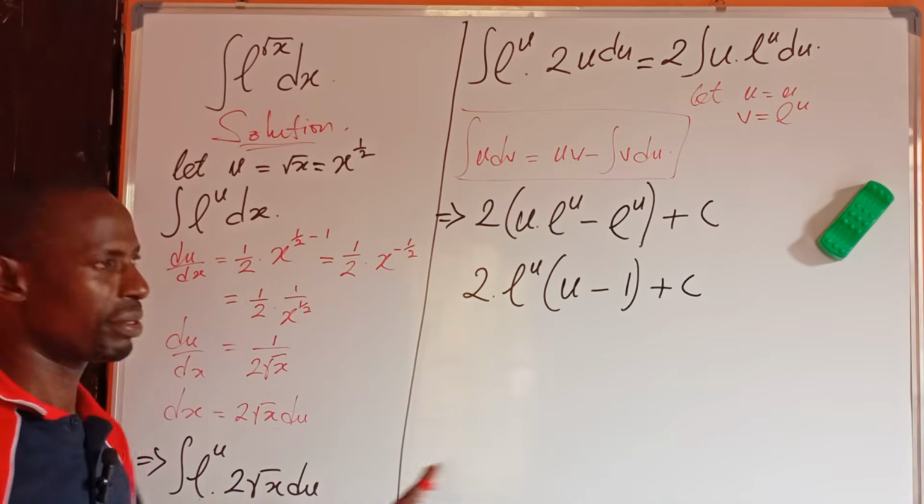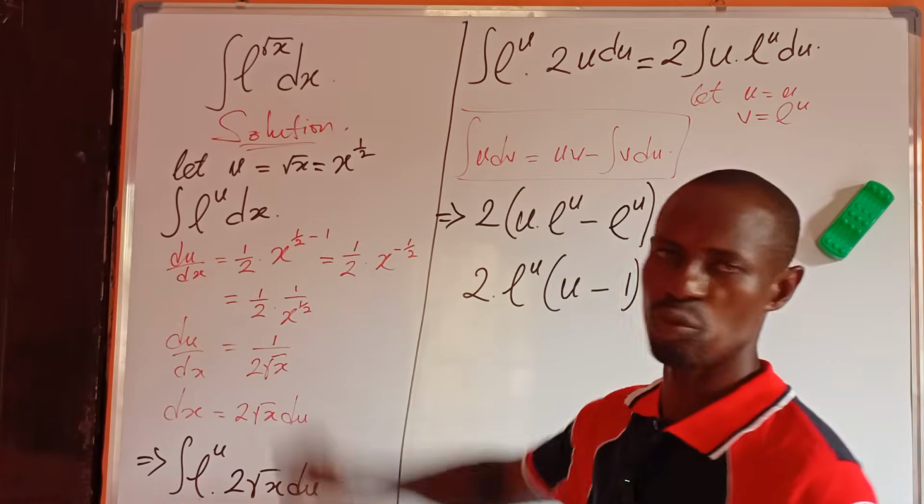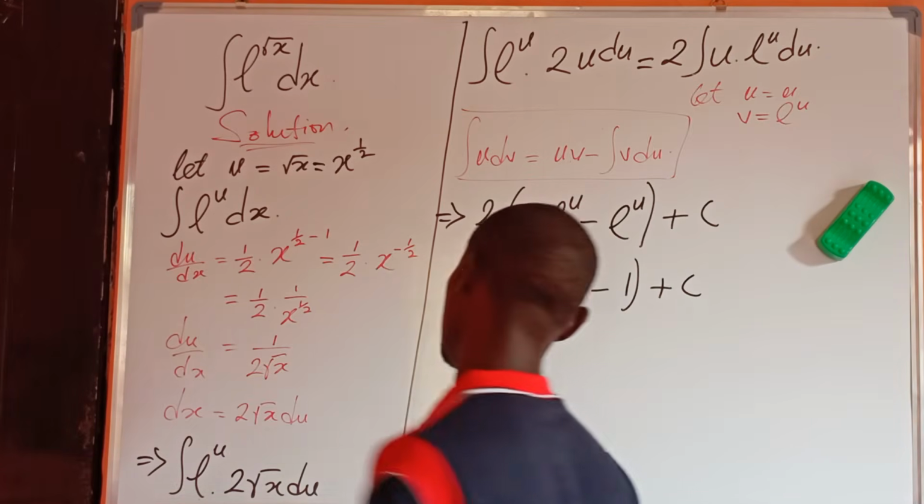But remember, here we made a substitution: we said let u be equal to the square root of x. So we can bring back our square root.